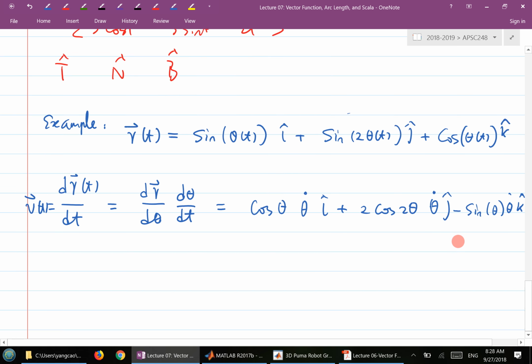However, if you do know what theta is, for example, if theta happened to be just omega t, then this particular derivative can be further calculated, because theta dot is the derivative of theta over t, and then times omega.